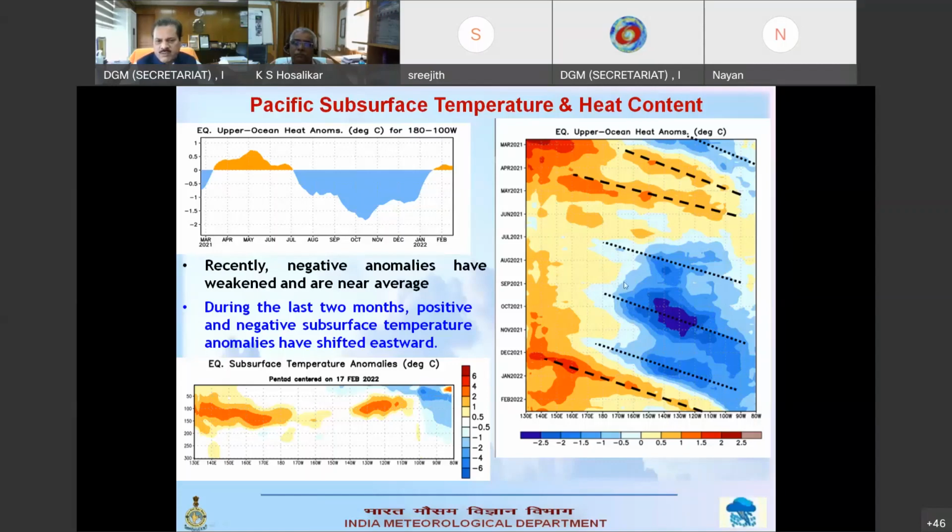But by the month of February, this warming is extending towards the eastern parts of the Equatorial Pacific Ocean. That means it is helping in warming of the water along the Pacific and its spread towards the east.